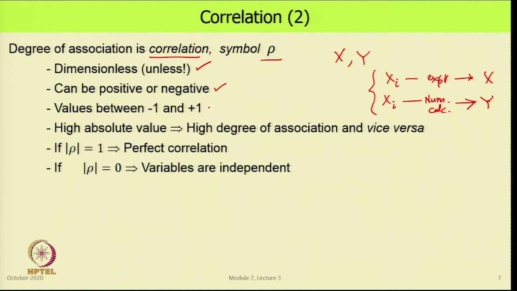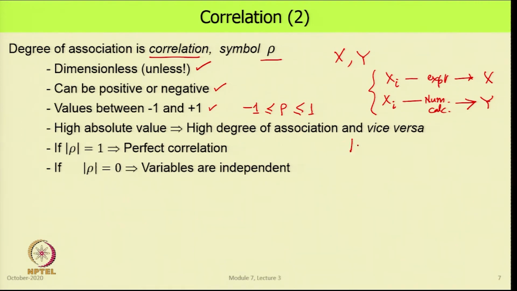Rho will have values always between -1 and +1. The definition is such that it cannot be greater than 1 in any case. If we have a high absolute value, then we say we have a high degree of association.